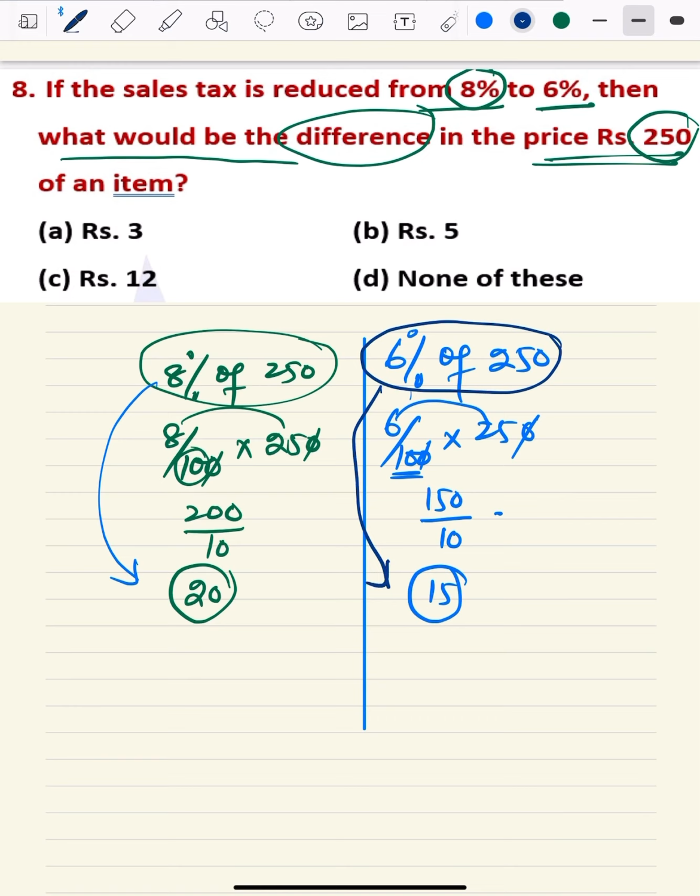Now the tax was 8%, it is reduced to 6%. So the amount which was paid in tax was 20. Now because of 6% it is 15. So the difference would be 20 minus 15, equal to 5. So the answer would be option B.